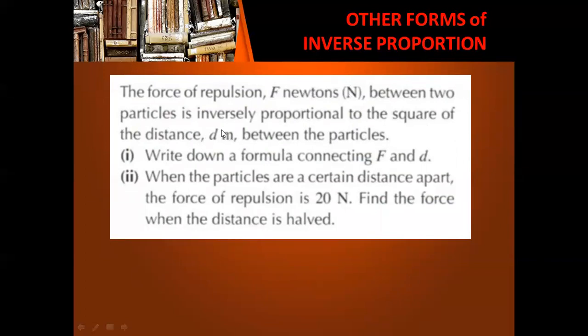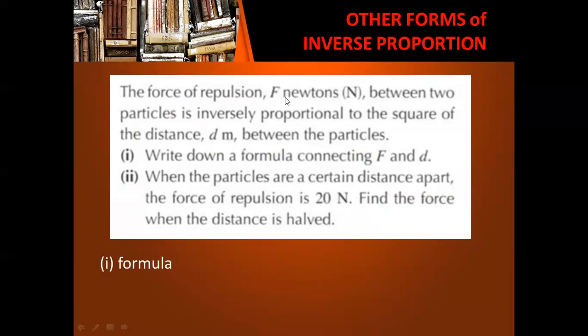This small m here represents meters. So F, its unit is newtons, and then d, the unit is meters. We were asked to write down a formula connecting F and d, as well as to determine the force given these certain conditions. Let's begin with the first question.